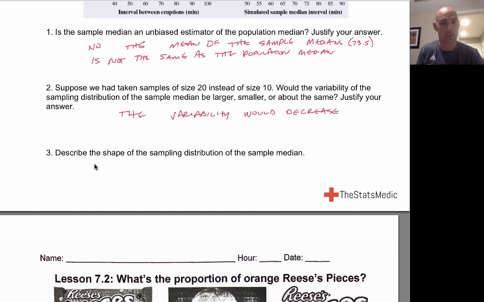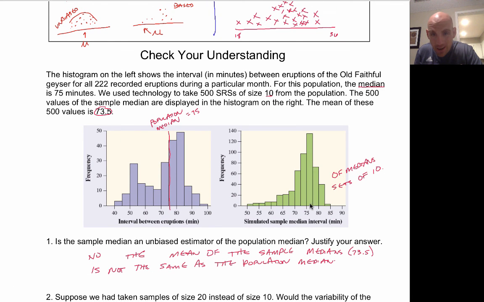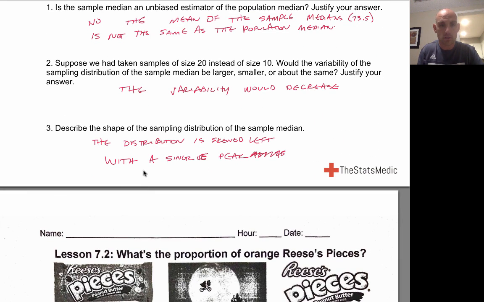This is exactly what I was talking about. The shape is the distribution is skewed left with a single peak between 75 and 77.5.